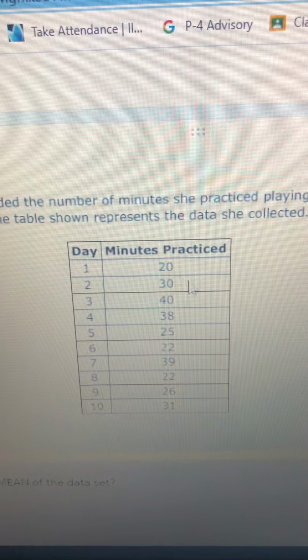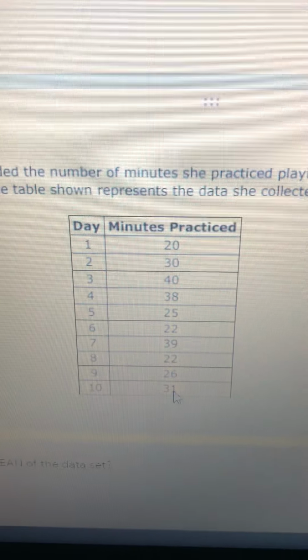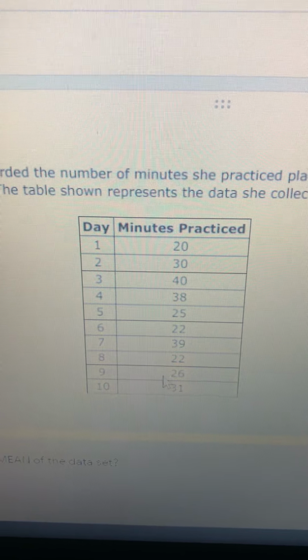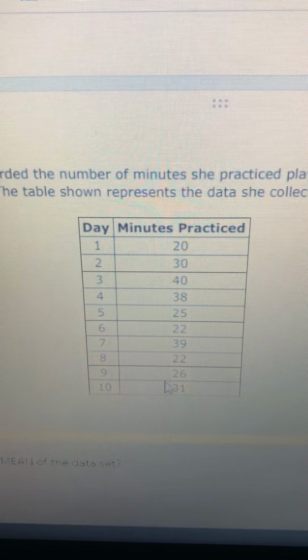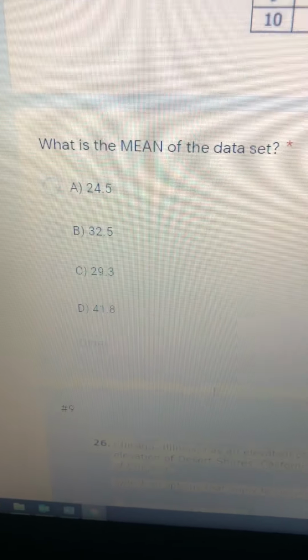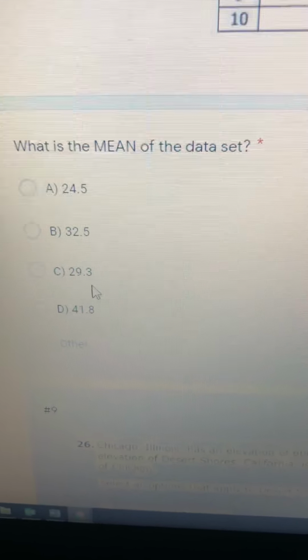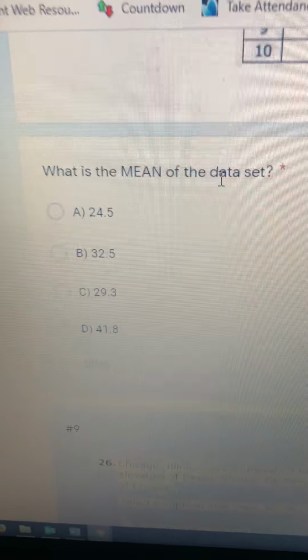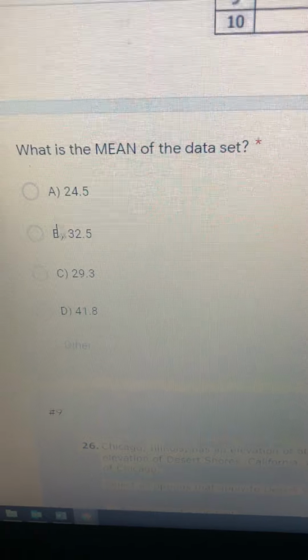So we have to add all of these numbers up and then divide it by 10. Add all these numbers up, divided by 10. And that's going to tell you what the mean average is. So if you look at these answers, who knows what it could be, right? So one of these answers, you add them all up and then divide by 10, and you're going to find the correct answer, okay?